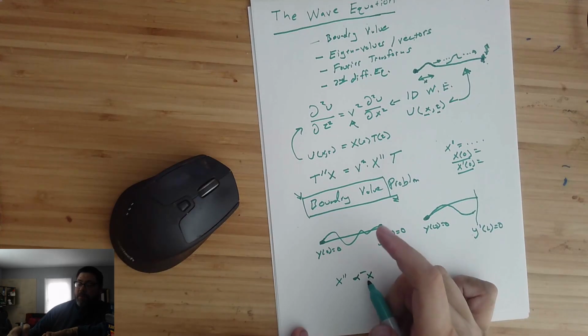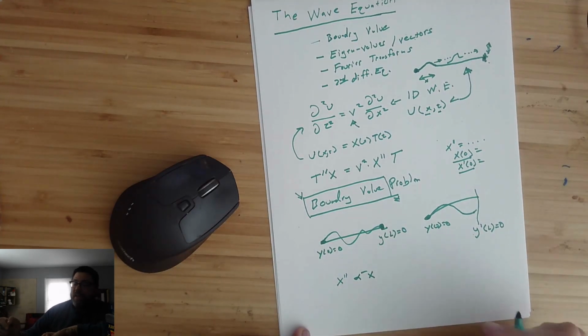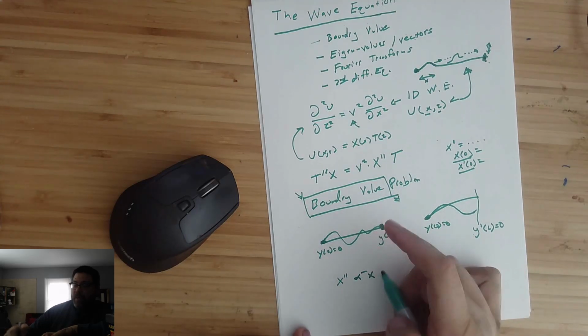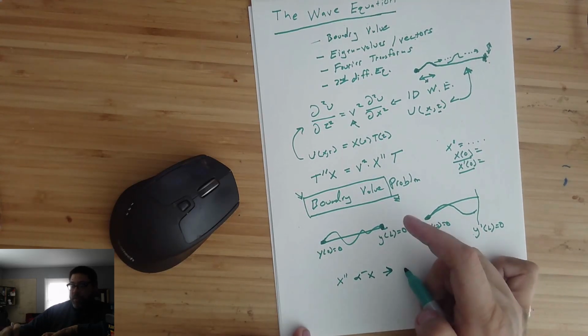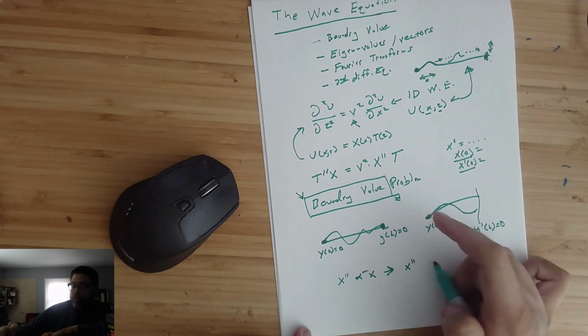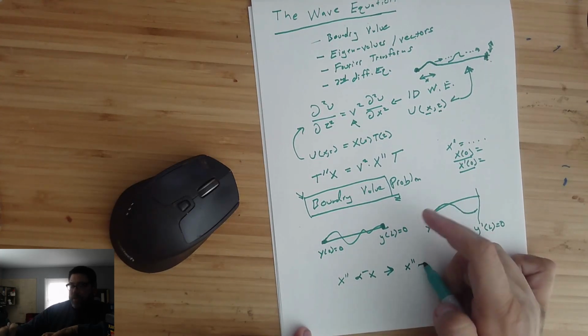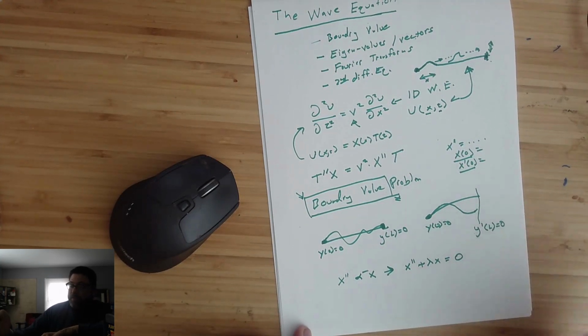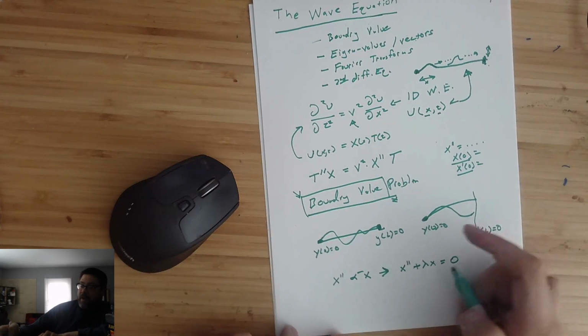If x double prime is proportional to minus x, right, this means the solutions are going to be, well, let's just write it as a normal equation: x double prime plus lambda x equals 0. This would be the normal eigenvalue eigenvector equation.